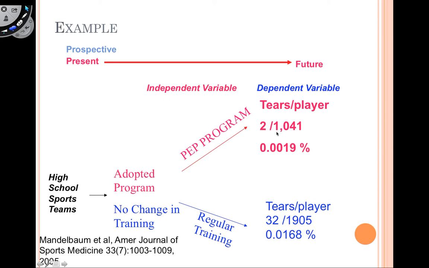So there were 2 tears per 1,000 players in the PEP program group, and there were 32 tears per 2,000 players in the regular training group. We can see that the rate of ACL injury is much higher in the control group than the prevention training group, and so the decision is that in this particular example, the PEP program was effective at reducing ACL injury in high school athletes.